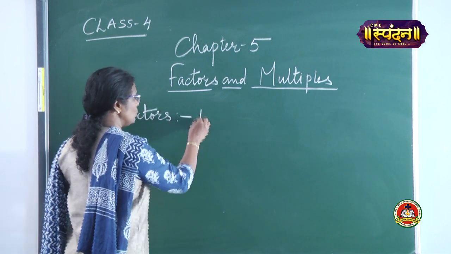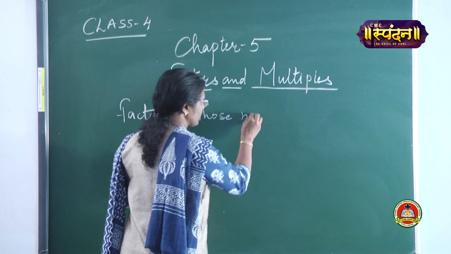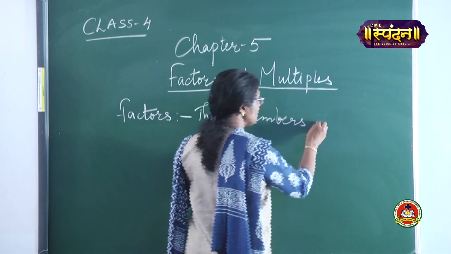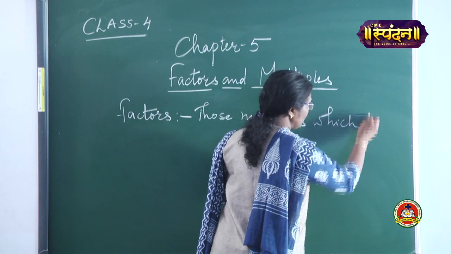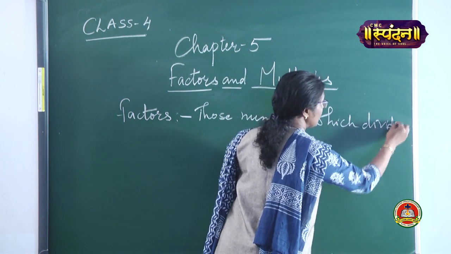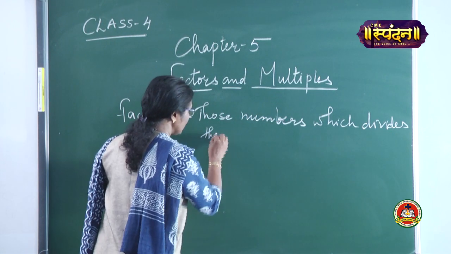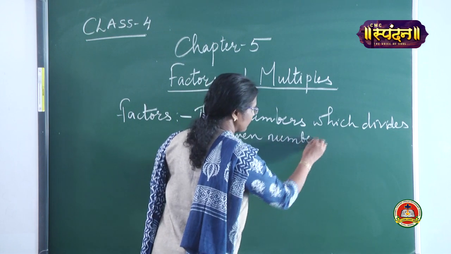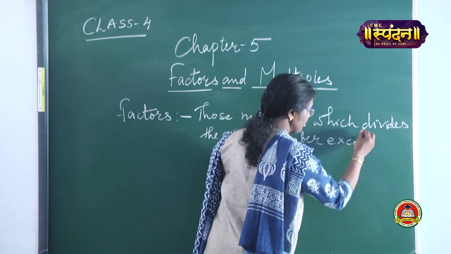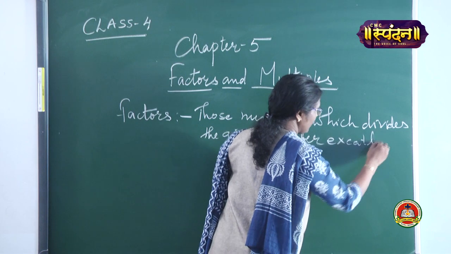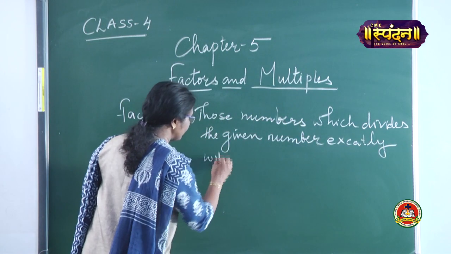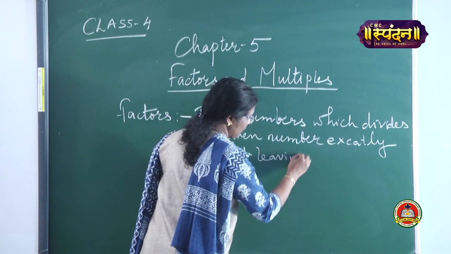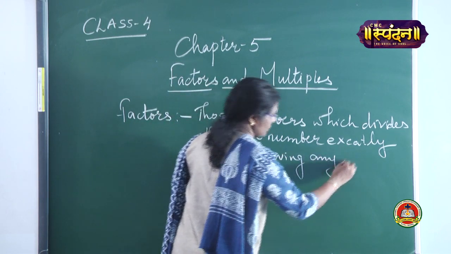Factors are those numbers which divide the given number exactly without leaving any remainder.